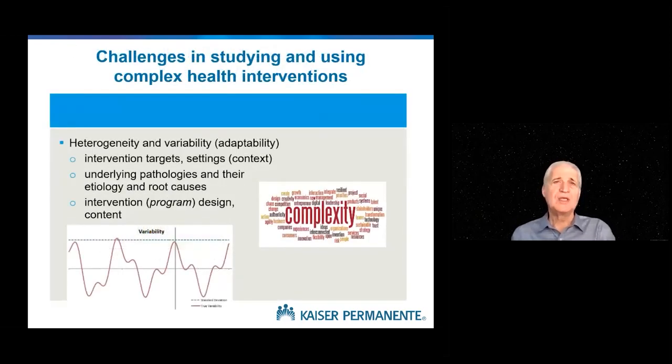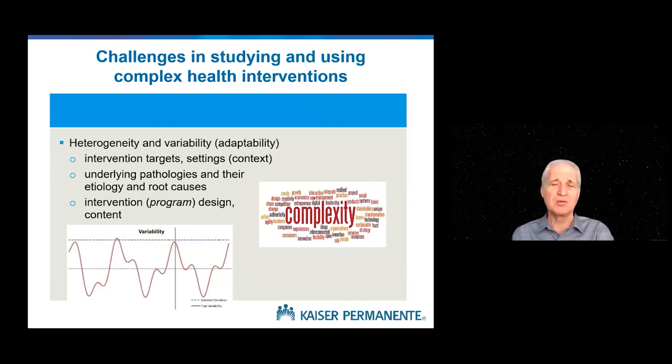So why do we see these very weak effects and very high variance and very high heterogeneity when we study complex health interventions? First of all, we see considerable heterogeneity, variability, or adaptability in the targets. When we study drugs, we might argue that patients and their physiology tend to be somewhat more similar than when we study communities or organizations.